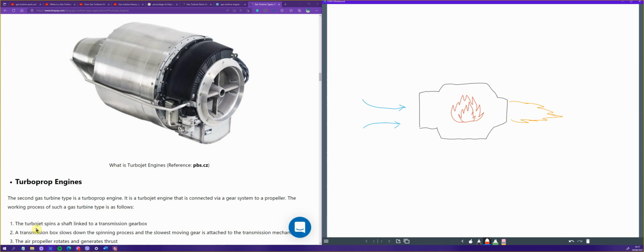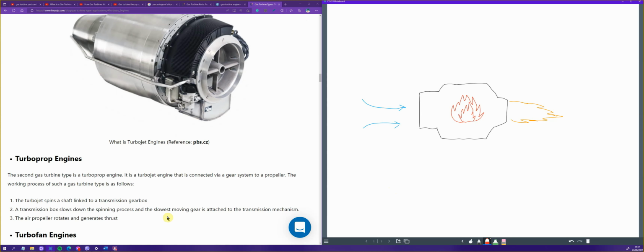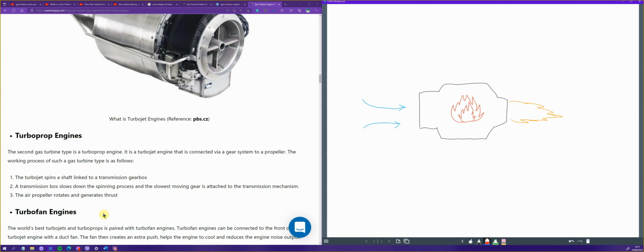Ito, turbojet spins a shaft linked through a transmission gearbox. So, ito, dahil nga meron kang propeller na nakakabit sa kanya, plus mo sa isang propeller.